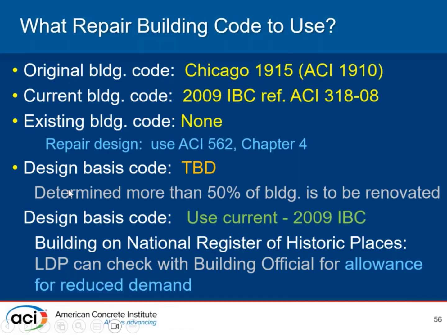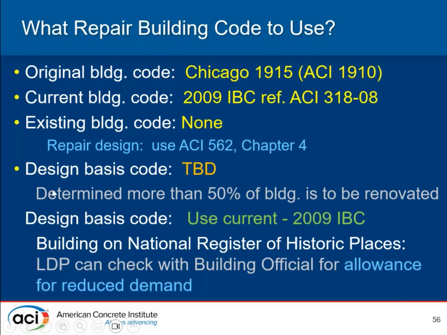Okay, so let me first go back to that slide. Okay, so presumably we're talking about this line right here, and this example is not my example. The notes that I have say that the work classification was considered a level 3 alteration, given that more than 50% of the aggregate building was planned for major renovations.